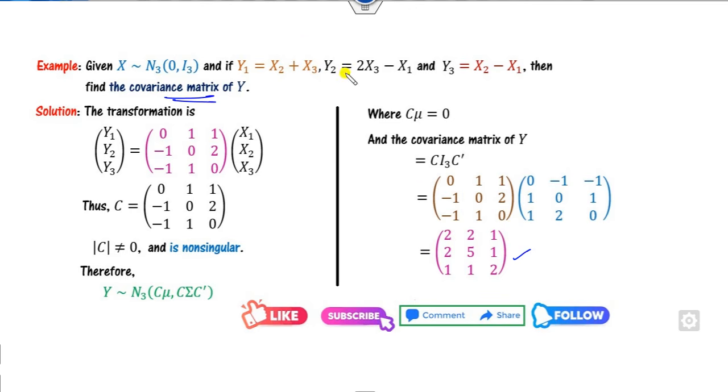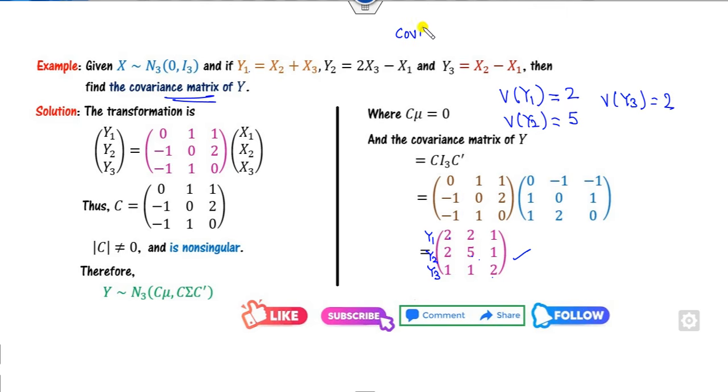So what conclusion can you obtain from here? The first value is y1, second is y2, third is y3. Variance of y1 is 2. Variance of y2 is 5. Variance of y3 is 2.